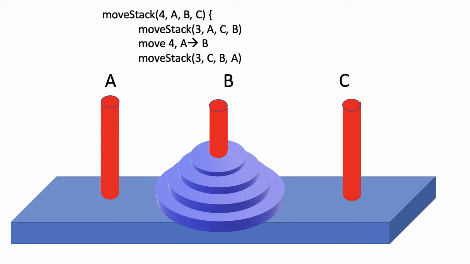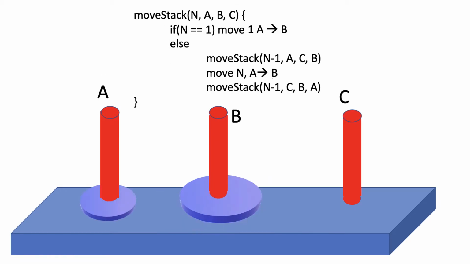Okay, so this is kind of interesting. Here we've got a top level function, move stack, and we feed in 4, and then it calls the same move stack with 3. So you can imagine that move stack 3 is going to call move stack 2, and we're going to eventually have move stack 1. So here we are.